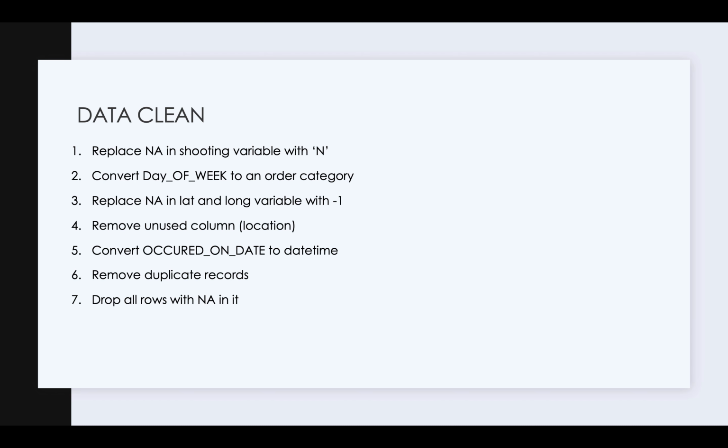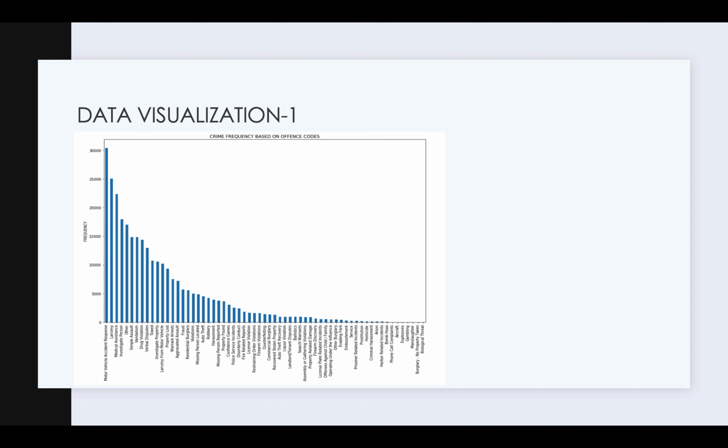I have also converted the occurred on date variable to datetime. I also removed all duplicate records, and the last step I use is to drop all rows with missing values, because the dataset is quite large and I'm only dropping a really small portion of the dataset itself.